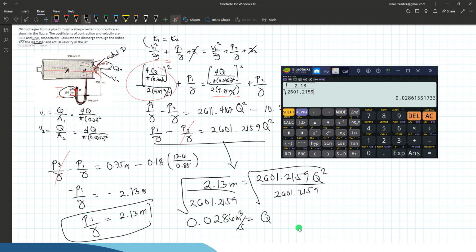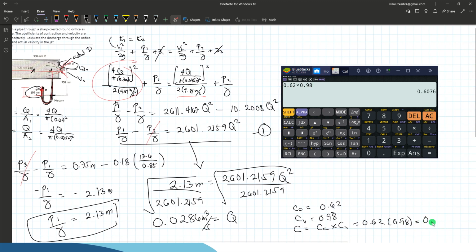Then we are given CC, the coefficient of contraction, 0.62, and CV, 0.98. We can compute the coefficient of discharge by multiplying CC and CV: 0.62 times 0.98 is 0.6076.